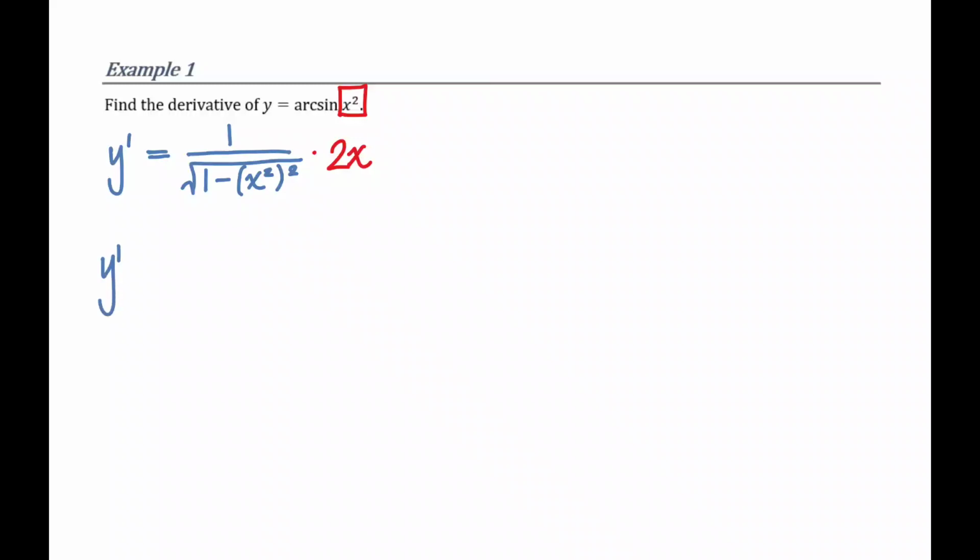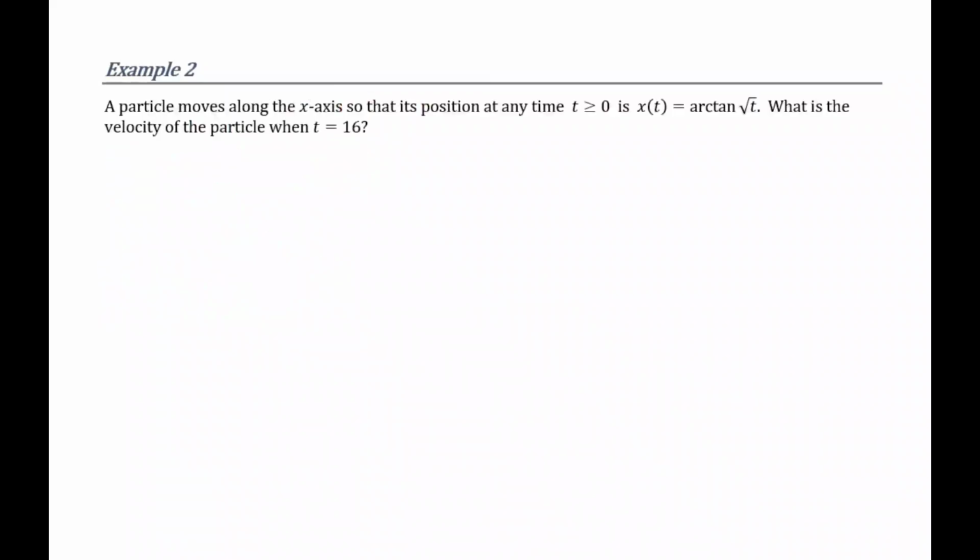So then if we fix this up a little bit, we will have 2x in the numerator, and we will have the square root of 1 minus x to the exponent 4 in the denominator. And so there's nothing more we could do, no more simplification. We don't have an x value that we can substitute. So that's the end of the story on that one.